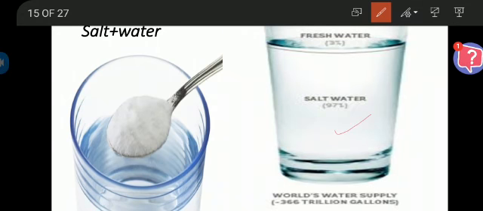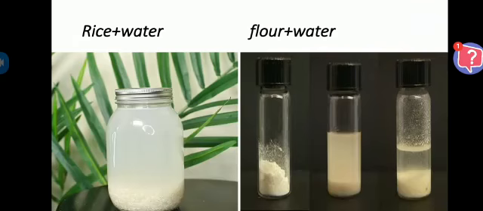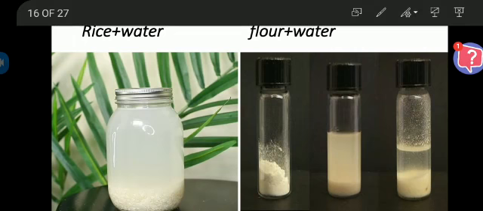You see, this is uniformly mixed. So this is a uniform mixture. Here salt is the solute and water is the solvent, and it forms a perfect solution, that is salt water.